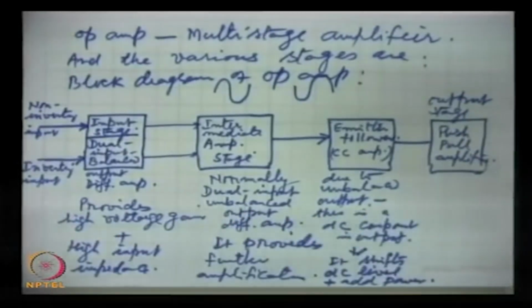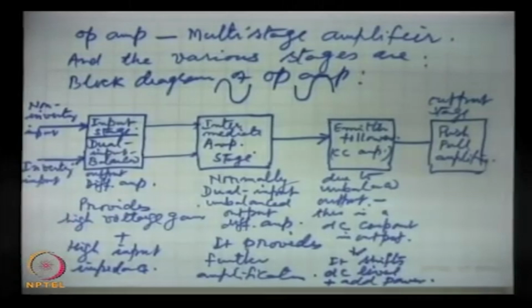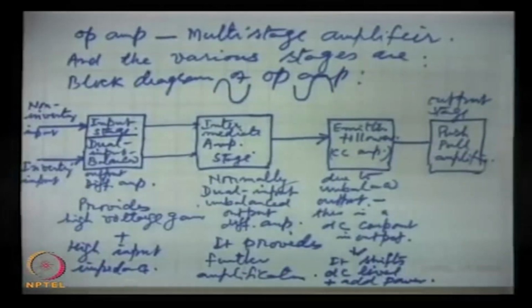A push pull amplifier in a modified form, and the modification is that between the two transistors which sit one over the other, there is a diode, and the diode takes care that when one transistor conducts, the other is off, and this is known as totem pole output.